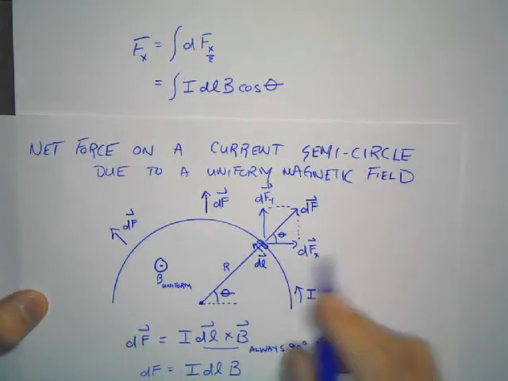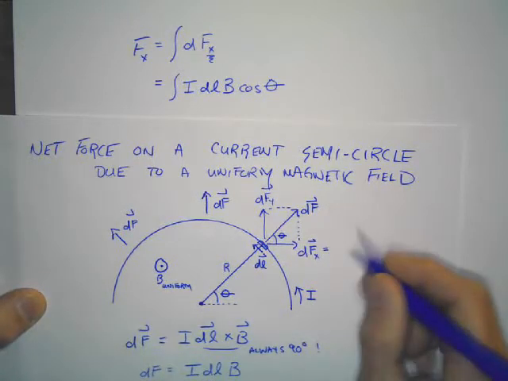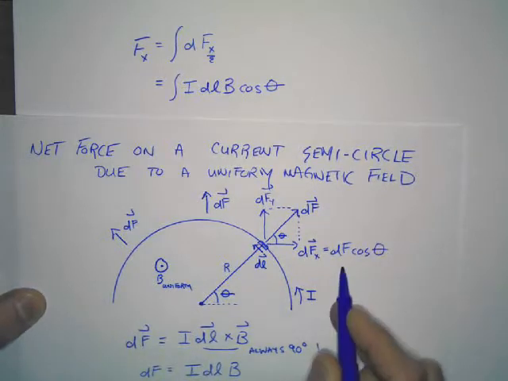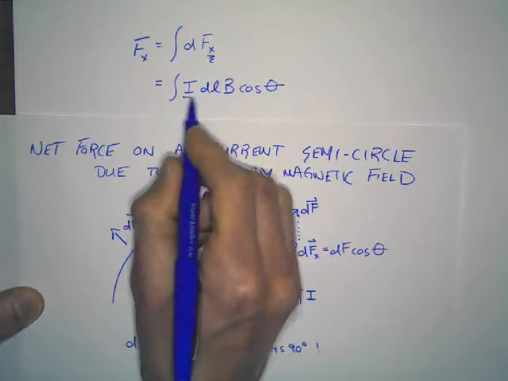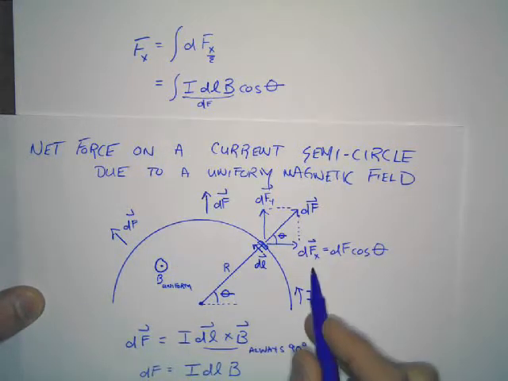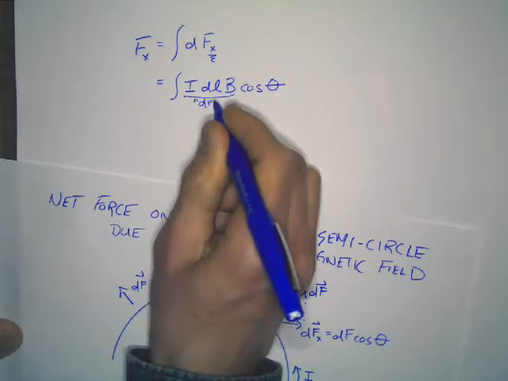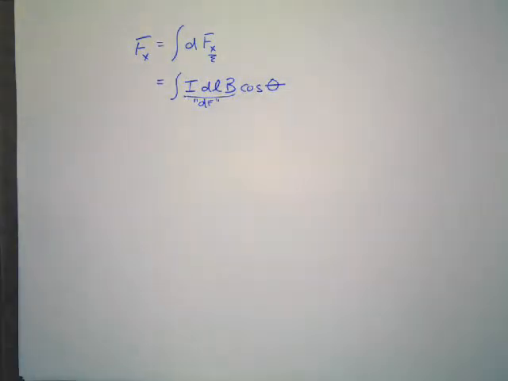Okay. I remind you, looking back at our picture, that this dfx in the picture is really going to be given by df times the cos of theta. Therefore, here's your df, right? And that cos theta is what we need to tack on in order to make that the x component.